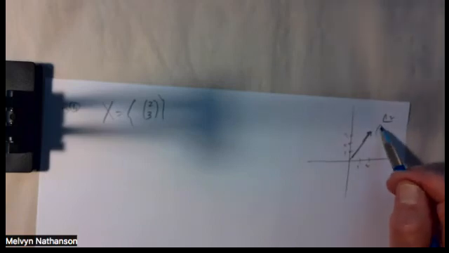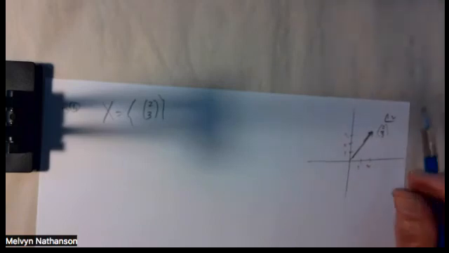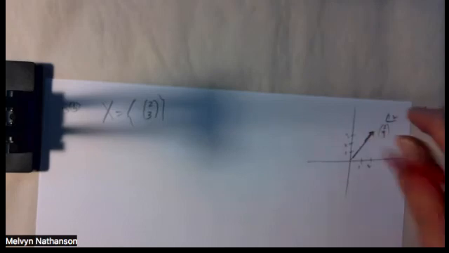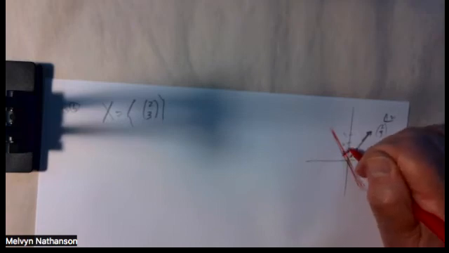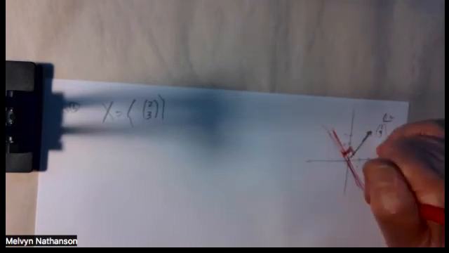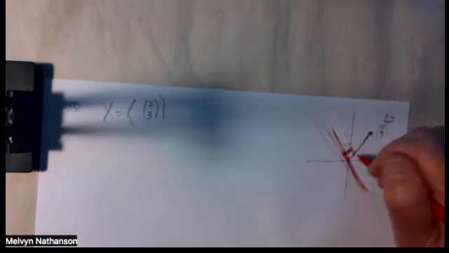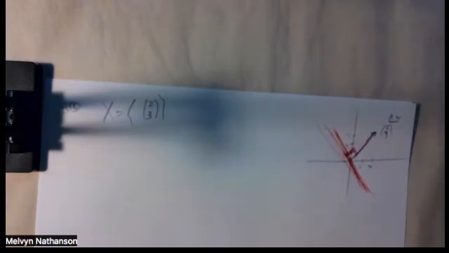Here's the vector 2, 3. What are the vectors perpendicular to that? There's every vector that looks like this. Every vector on this line is perpendicular to 2, 3.